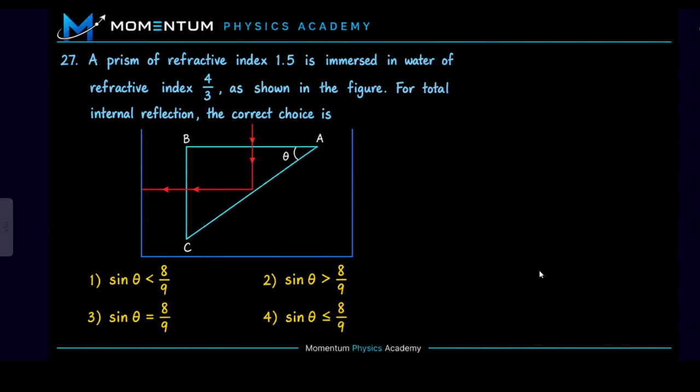TIR has occurred, tell me first of all, where the TIR has occurred. Here. Yes, at this location TIR has happened. Yes or no? The light ray falls and will be reflected back into the same medium.